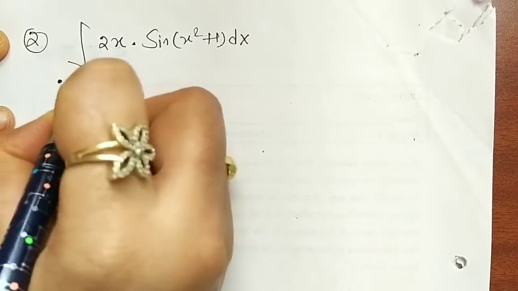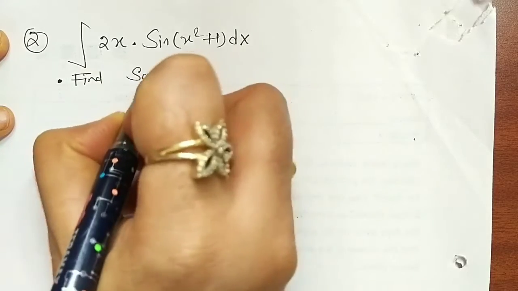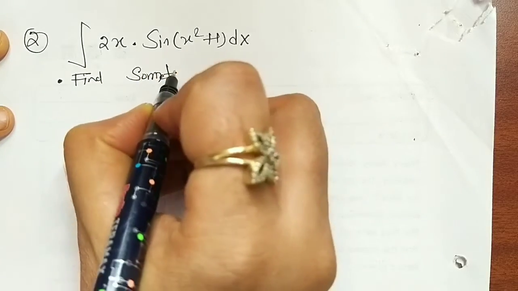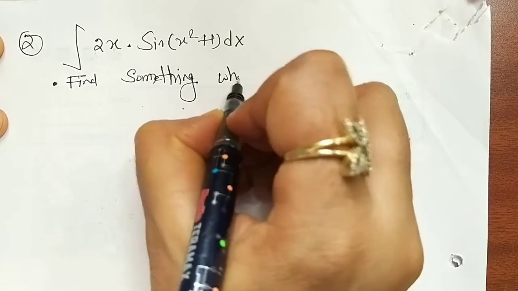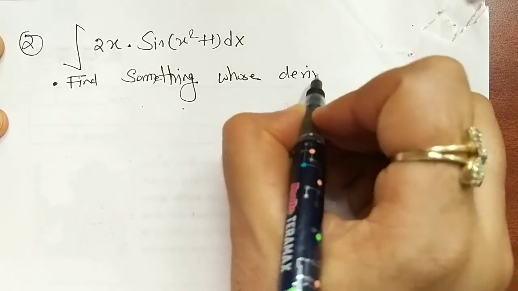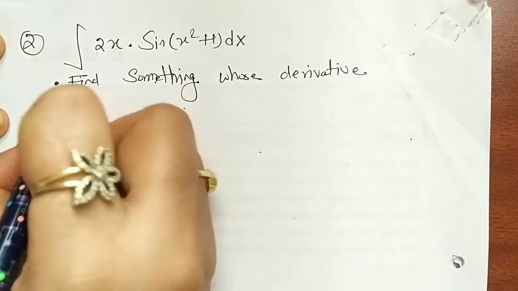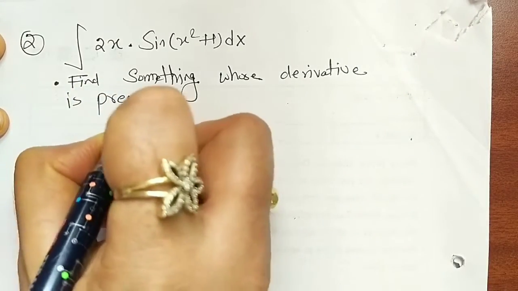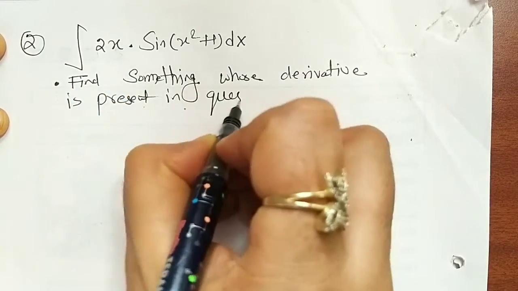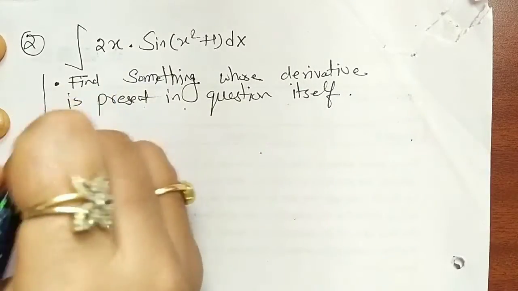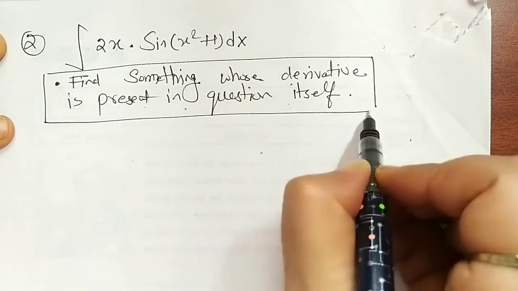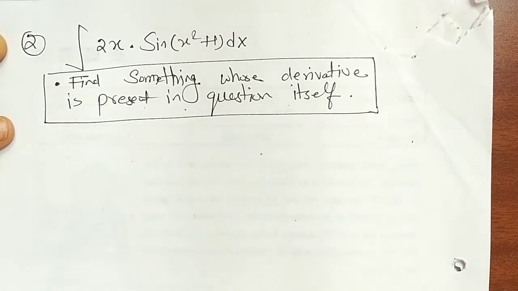So what is the step? Find something in the question itself whose derivative is present in the question itself. So this is a very powerful statement. You have to find that, which is the only aim in this chapter, in this exercise.